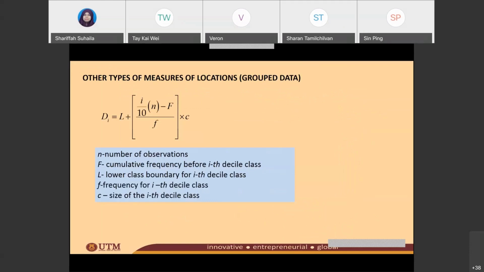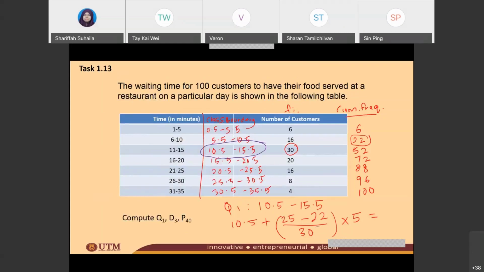So L plus I over 10 times N minus capital F over F times C. Okay, so the same procedure. So for D3, you need to find what is the class for the third decile. So 3 over 10 times your N, so you have 30. That means the same class interval, the third class interval.